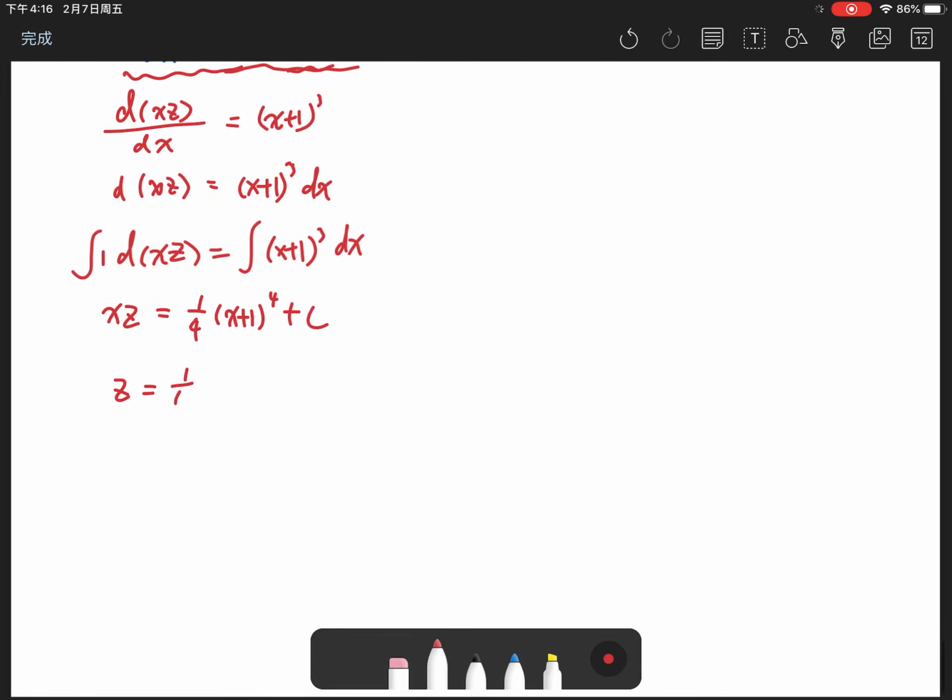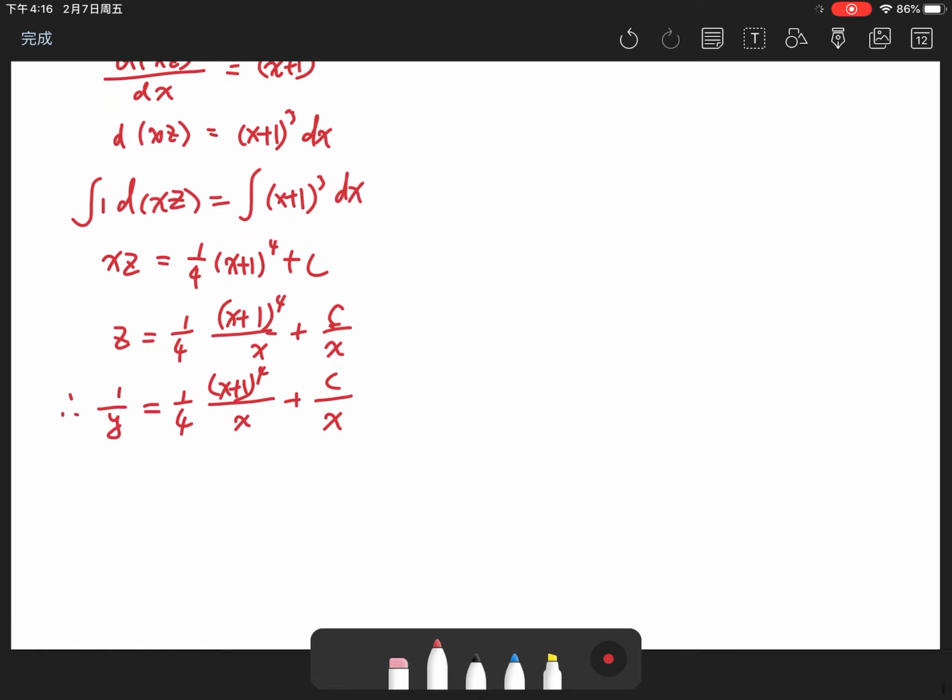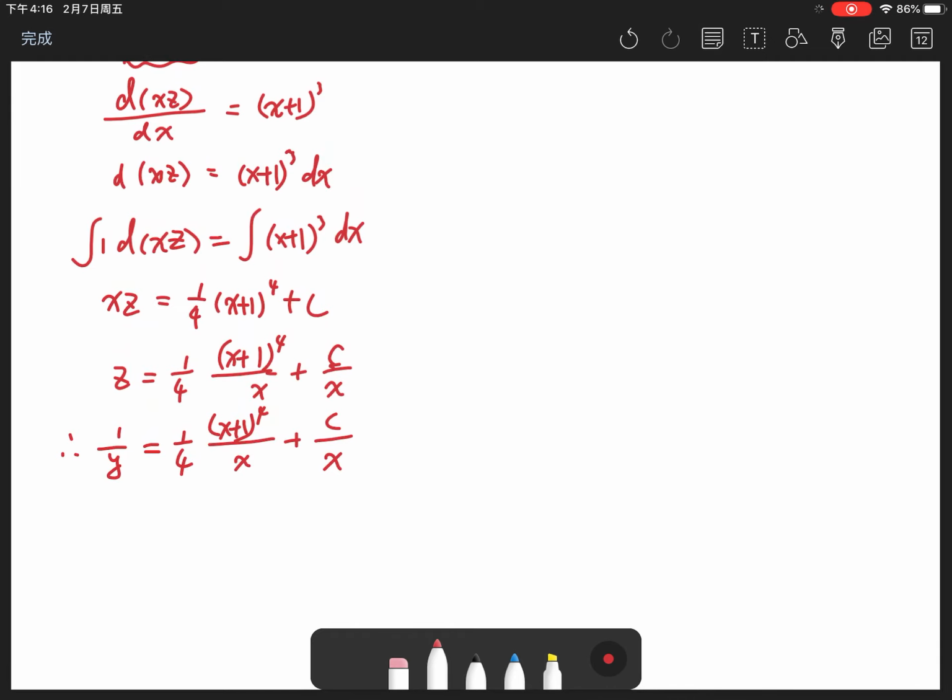So finally z just equals 1 over 4 times x plus 1 to the power of 4 over x, plus c over x.